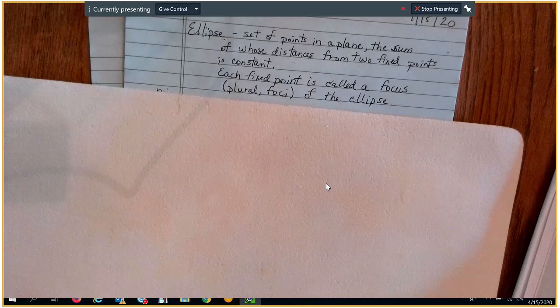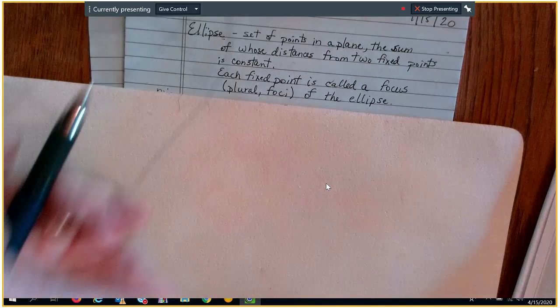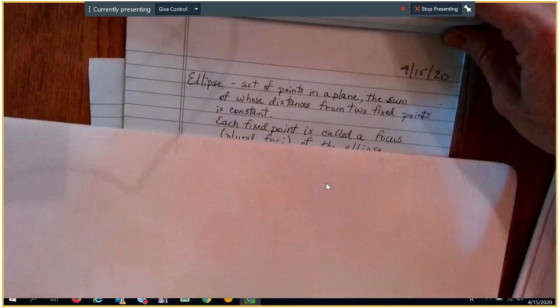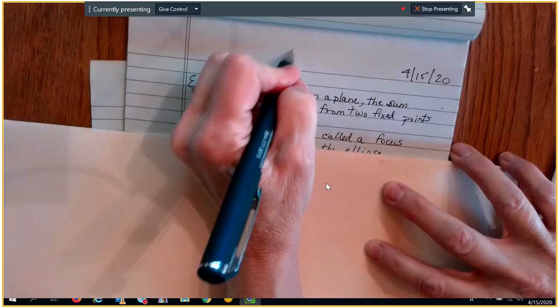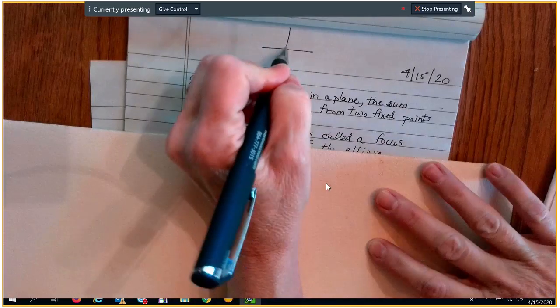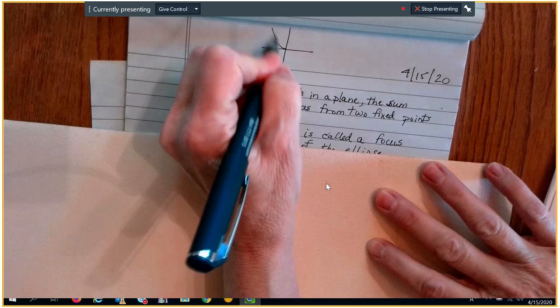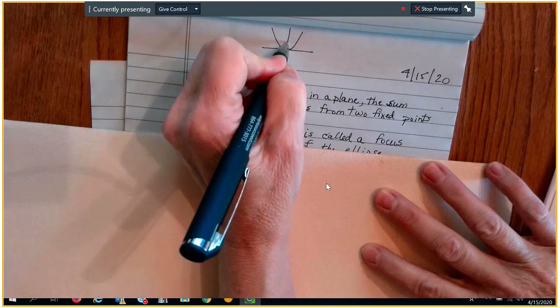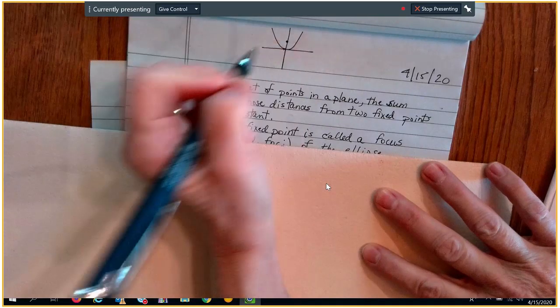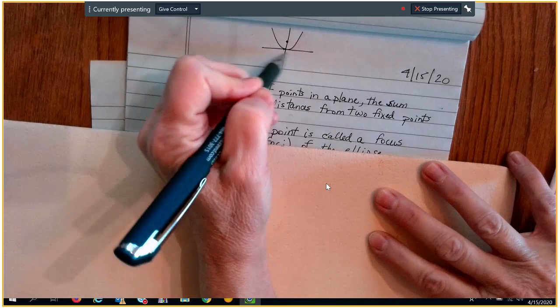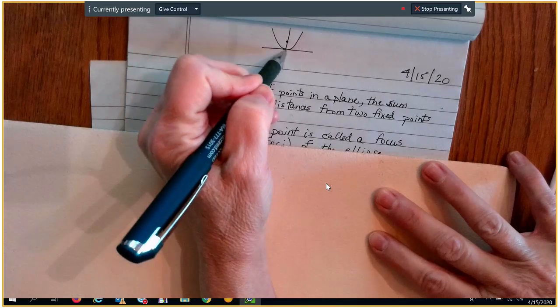Now in the parabola, when we had our x and y axis, and we had a parabola coming off the origin, we had a foci that was always going to be inside, so to speak, the parabola.